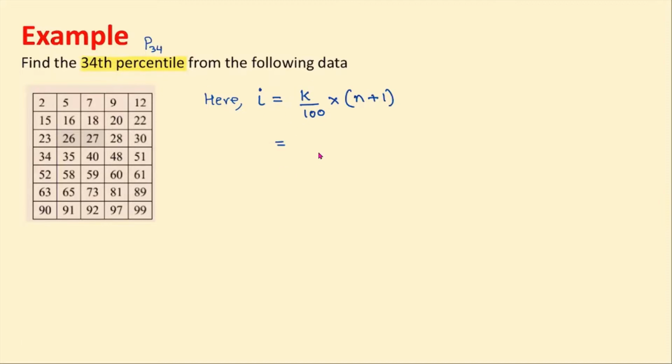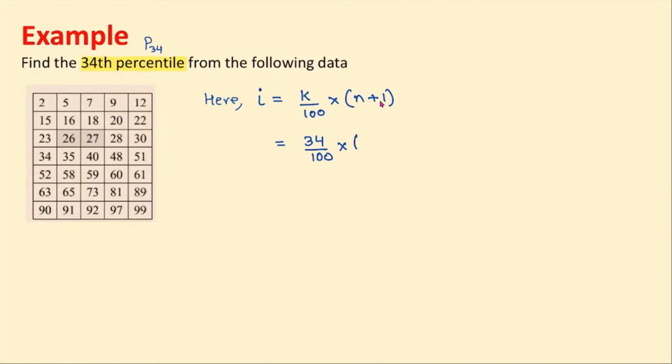So the value of K will be 34. So this is 34 divided by 100 multiplied by N plus 1. N is the total number of observations here. So if we count 1, 2, 3, 4, 5, 6, 7, so 5 times 7, 35, plus 1.